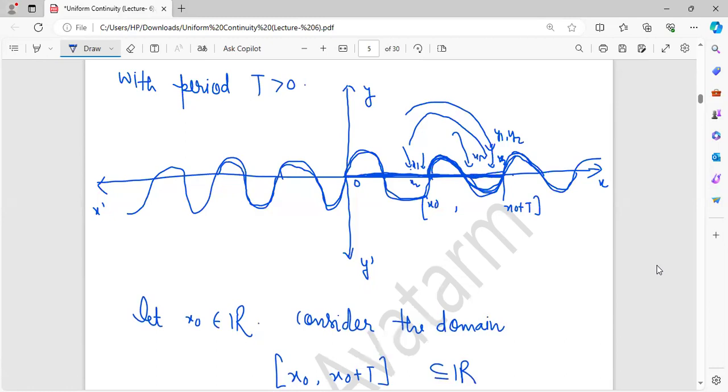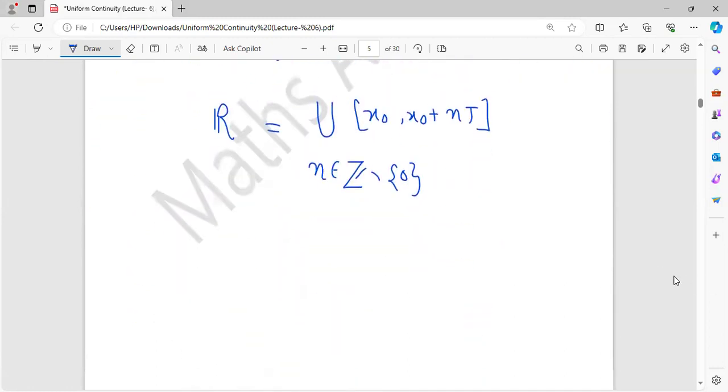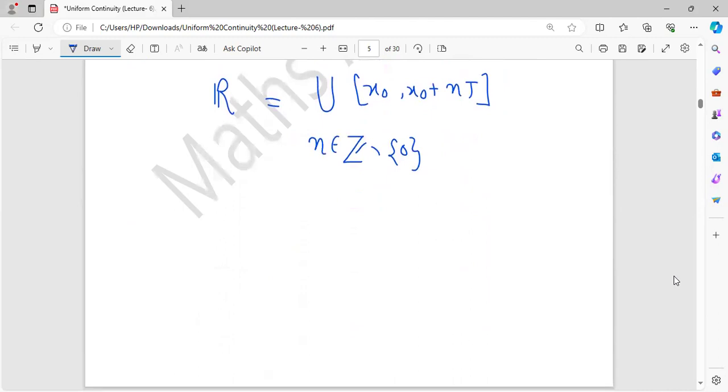To prove this theorem, observe that it is sufficient to consider this domain.